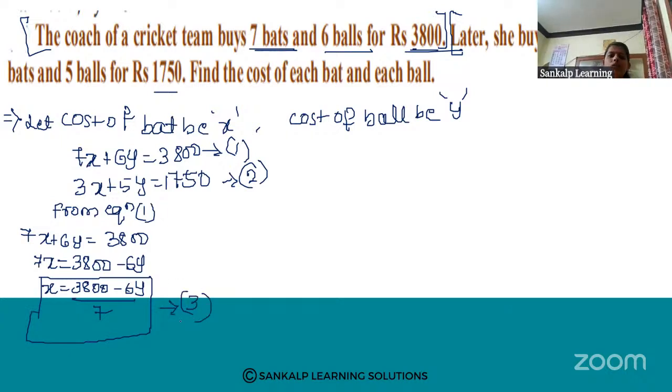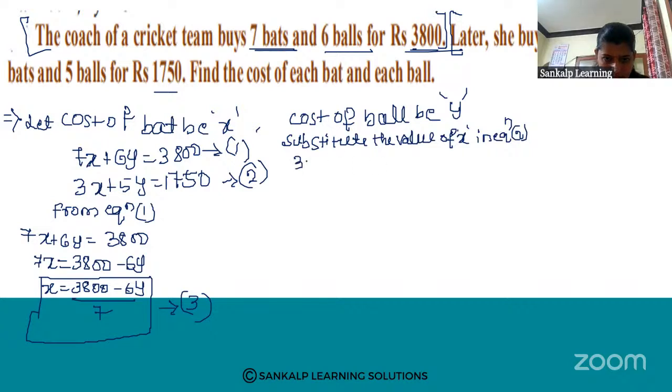Now substitute the value of x in equation number 2. So equation number 2 is 3x plus 5y is equal to 1750.